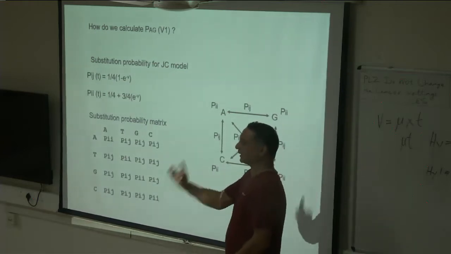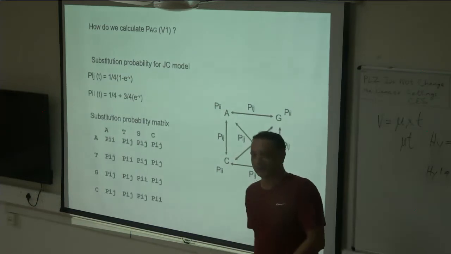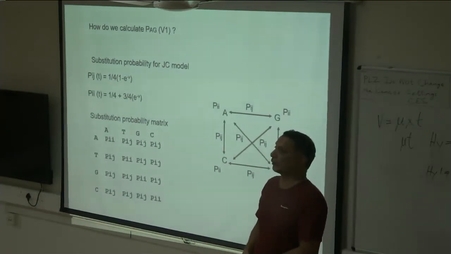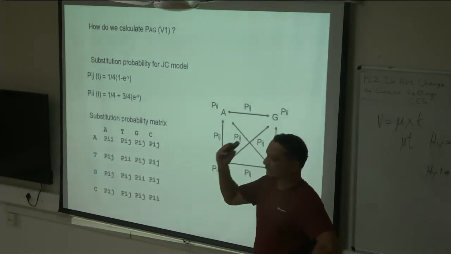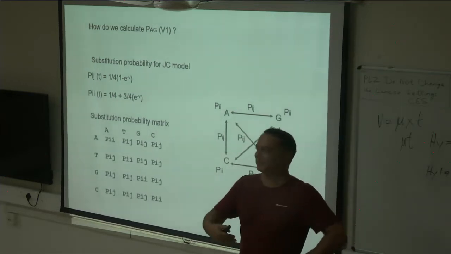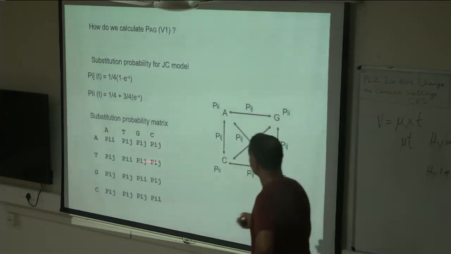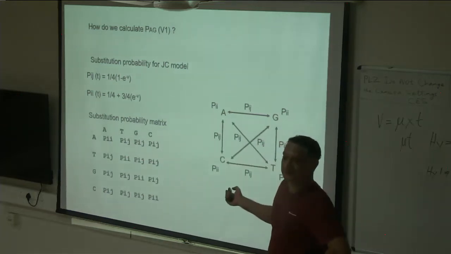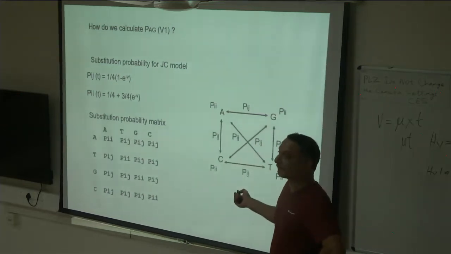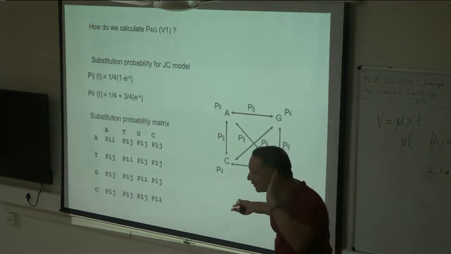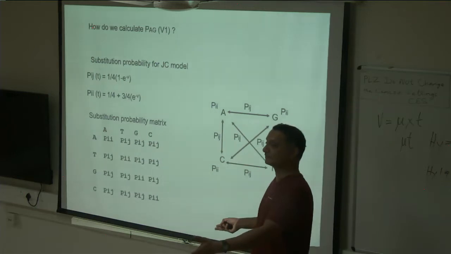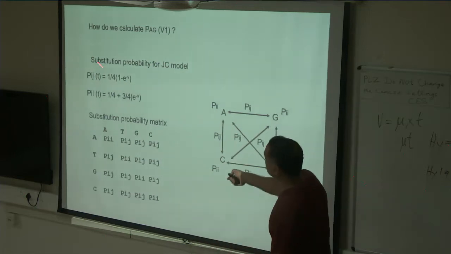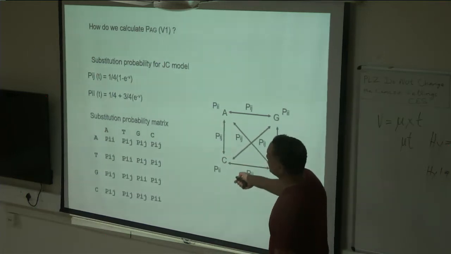You pick a ball and you're like, oh, it's an A, and you put it back, and then you're like, what is the probability that I will get a G, which is like a mutation from A to a G? And what is that probability? No, of getting a G. 1 by 4. Yeah, 1 by 4. That's what it is. Right?